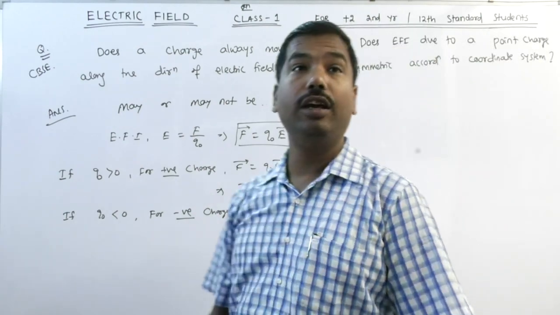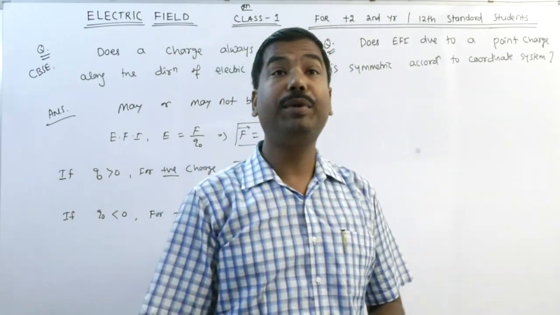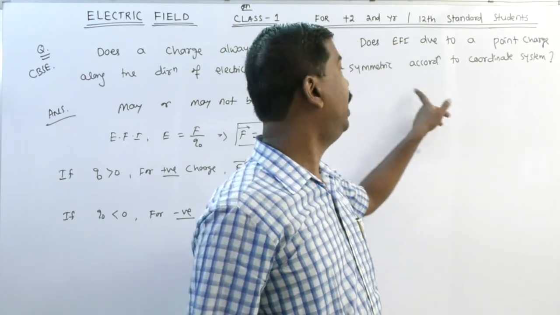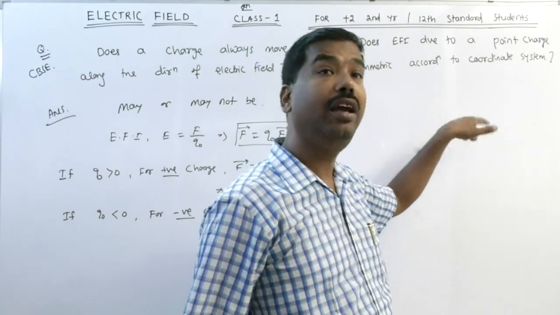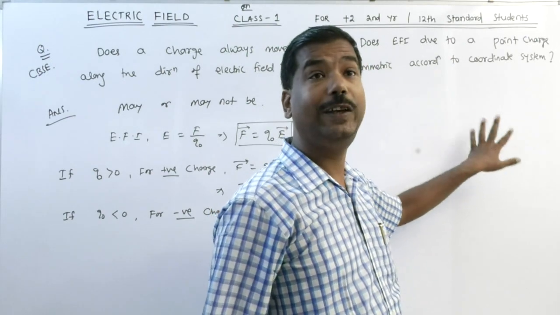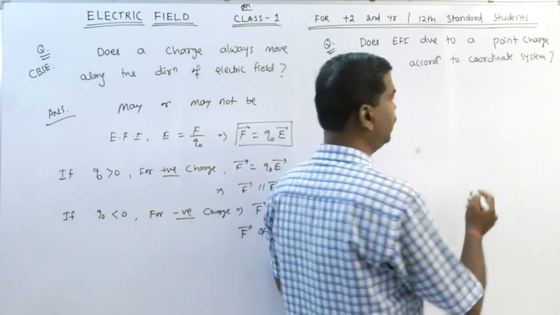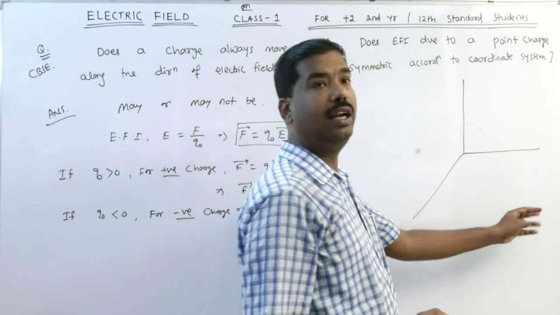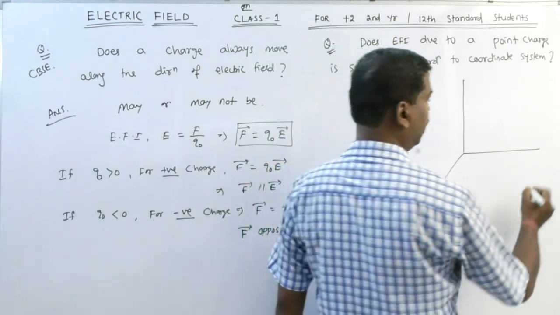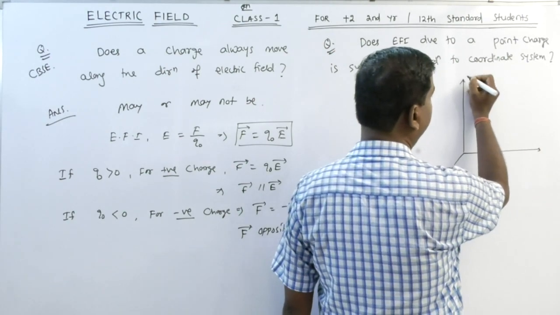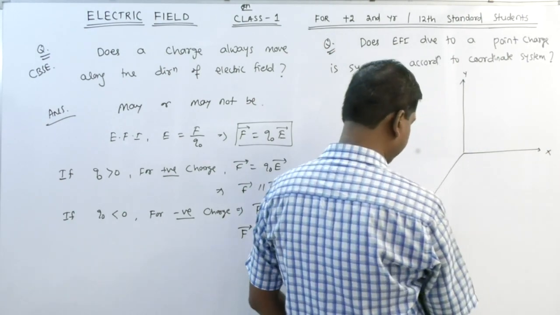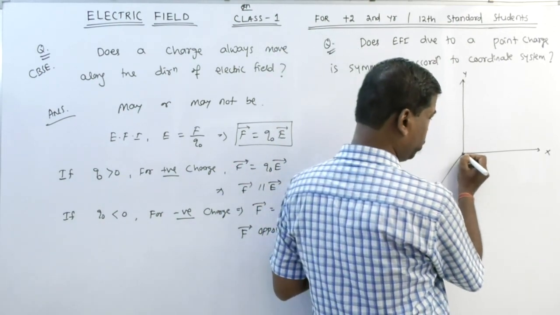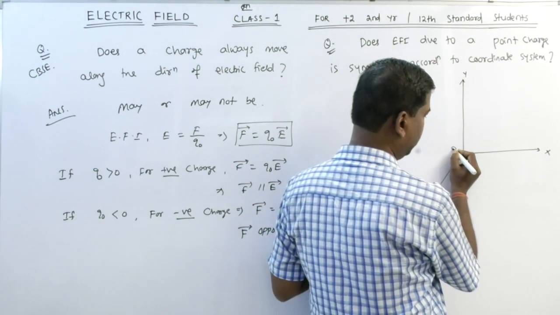It means the electric field is symmetric. Symmetric means it is equally distributed or similarly propagated along the x-axis, y-axis, and z-axis. How is it? Let us imagine. This is a Cartesian coordinate system. This is the x-axis, this is the y-axis, and this is the z-axis. Let the source charge be placed at the origin. This is the source charge.